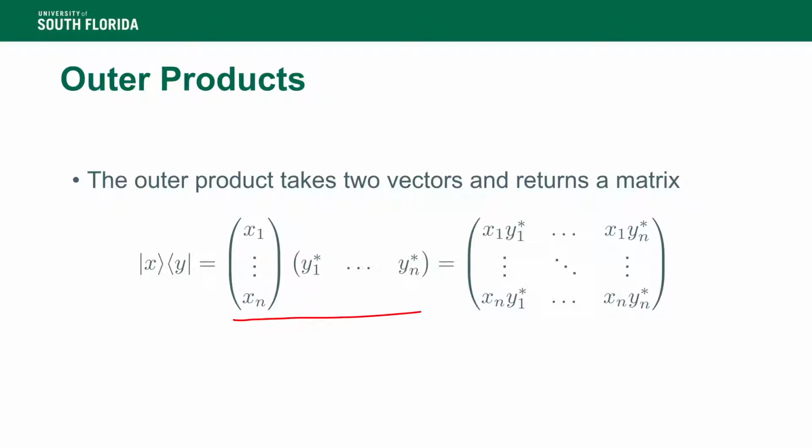If you follow the rule of matrix multiplication, you'll see that the entry ij is x_i y*_j, where y* is the complex conjugate of y. This is simply taking the matrix product formula and applying it to the multiplication of the n by 1 matrix, which is the ket, by the 1 by n matrix, which is the bra.